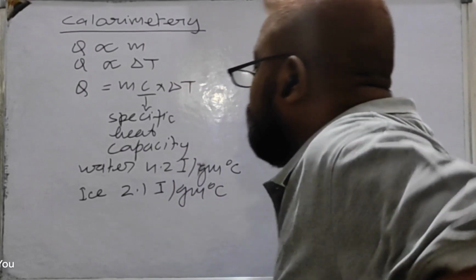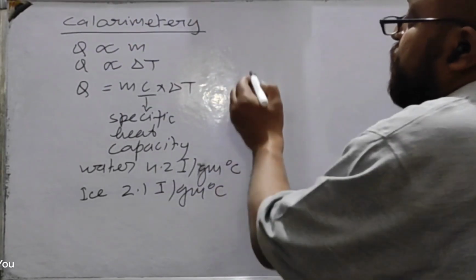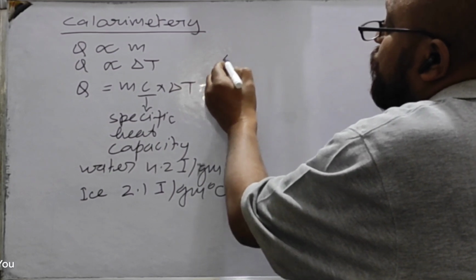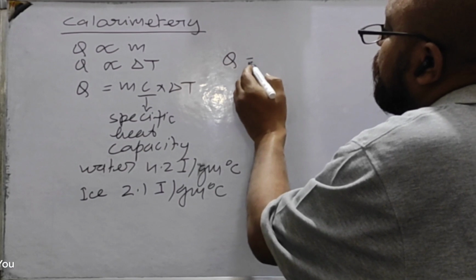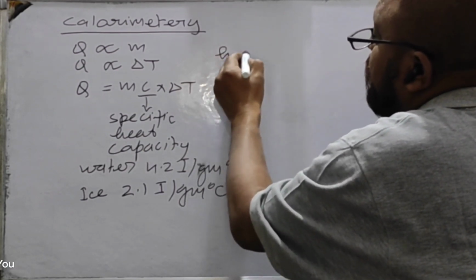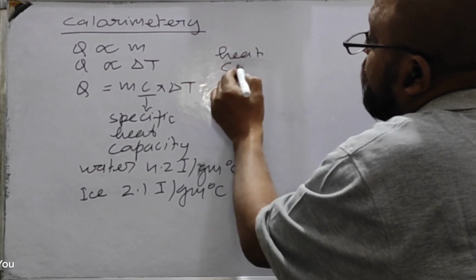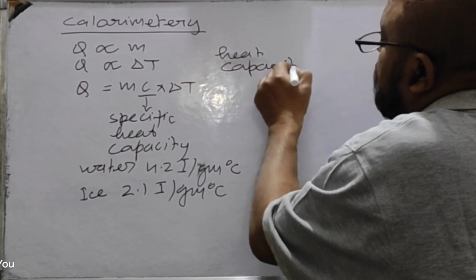The principle of calorimetry is that heat lost by the hot object is equal to heat gained by the cold object, and we assume that there is no loss of heat to the surroundings.